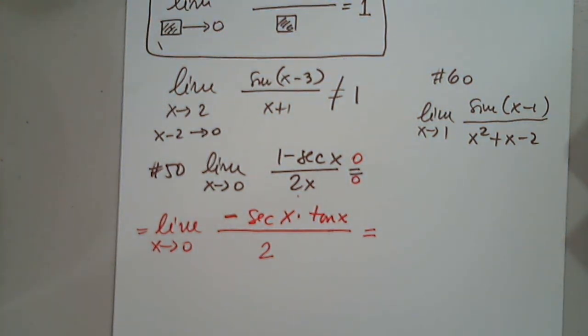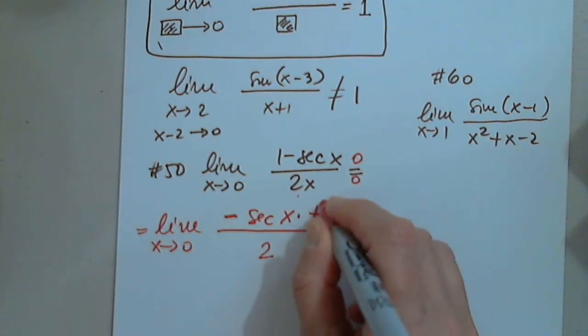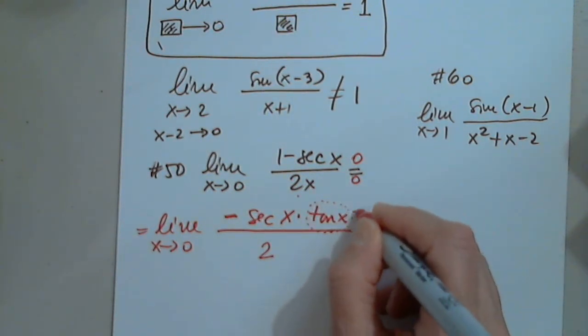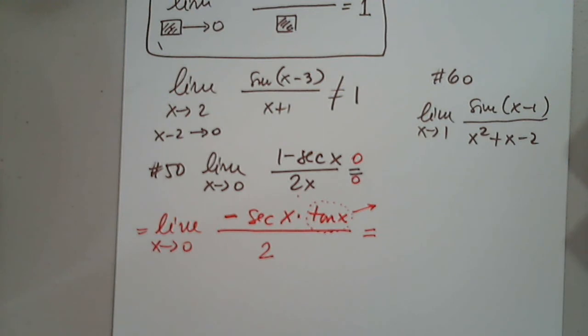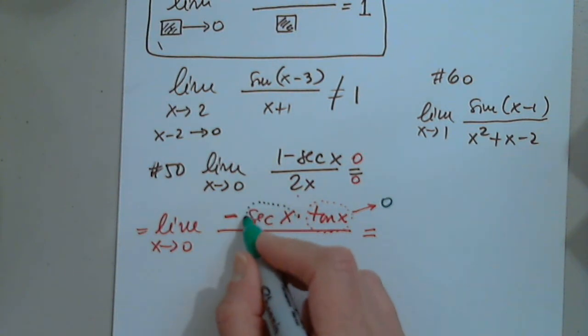Good. So now, where does this go when x approaches 0? Zero. Very good. Where does this go when x approaches 0?